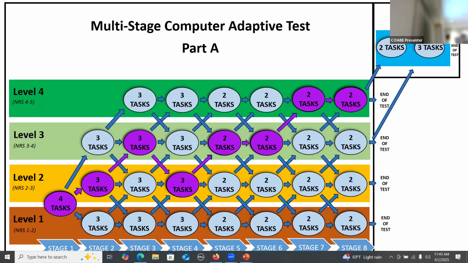So those are really higher level items that not all examinees will see, and that's by design. But for those who will see them, the adaptive feature stops at that. Part B is an intact form. So if somebody gets to part B, they will see the entire part B, in other words.